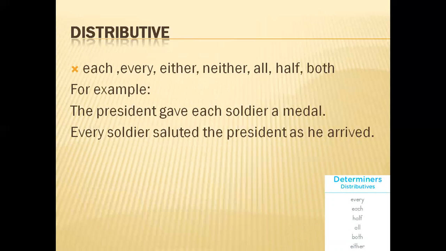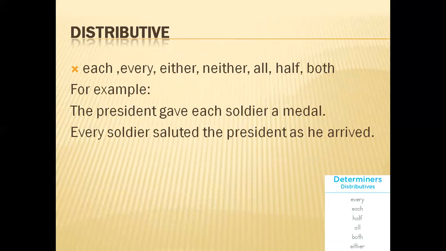If we look at the first two, each and every, you can clearly see the difference. Each and every are used to talk about the members of a group as individuals. Each means everyone regarded individually, and every means everyone regarded as a whole.